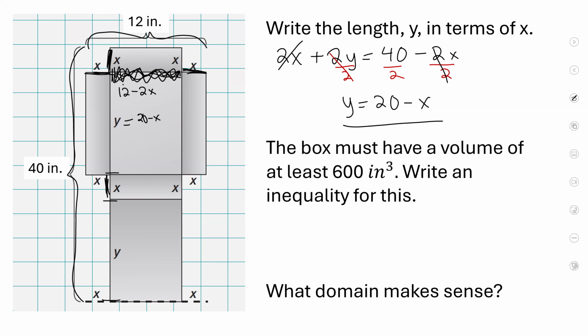And you know the height is x. So the volume is the height, x, times the width, 12 minus 2x, times the length, 20 minus x. And it says it wants a volume of at least 600 inches cubed, so you want to be bigger than or equal to 600. So that is your formula for the volume.